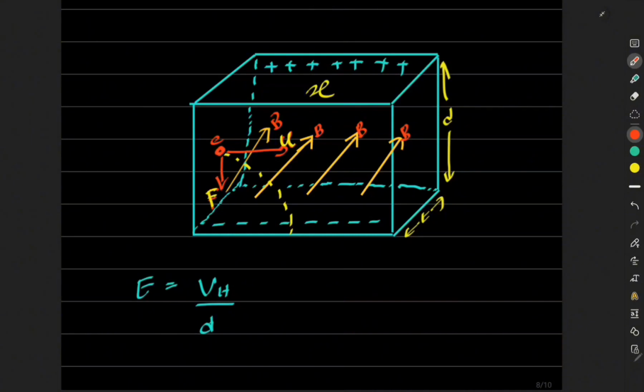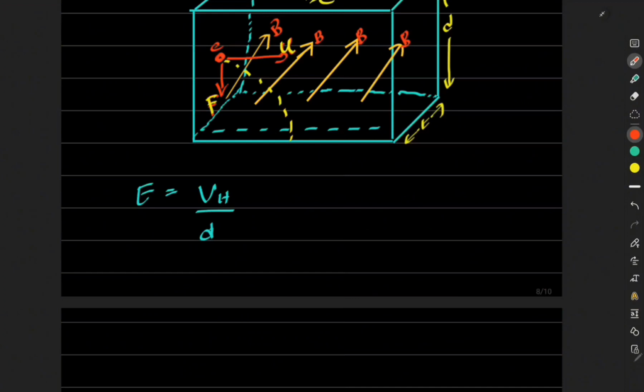The electron has a force F. FB is the magnetic force downwards, vertically downwards. The force acting vertically upwards is FE.